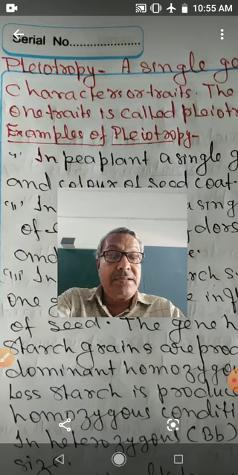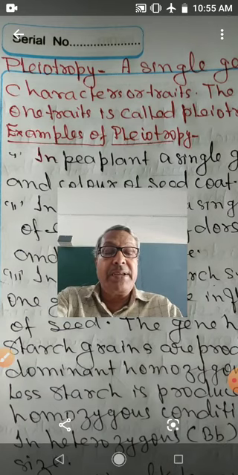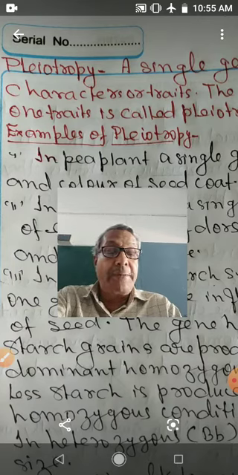Seeds are round. Less starch is produced when the genes are in recessive homozygous condition, that is small b and small b. The seeds are wrinkled. In heterozygous capital B and small b, starch grains are of intermediate size.